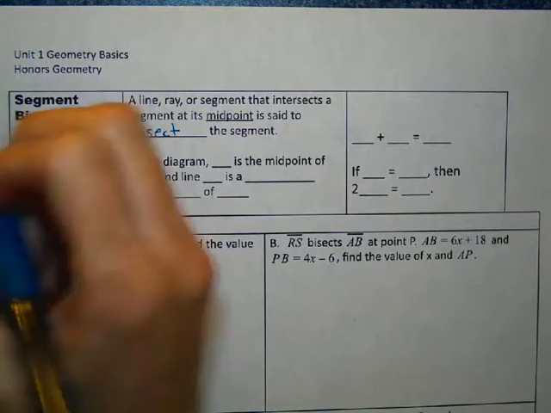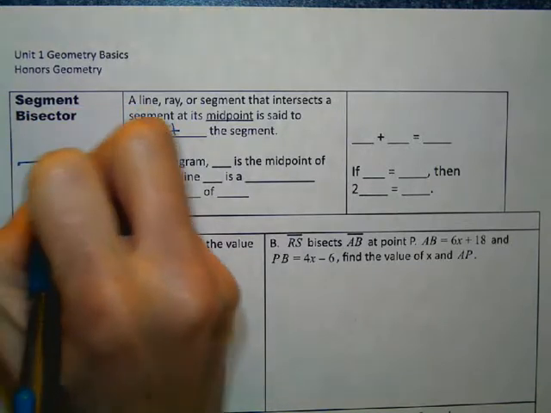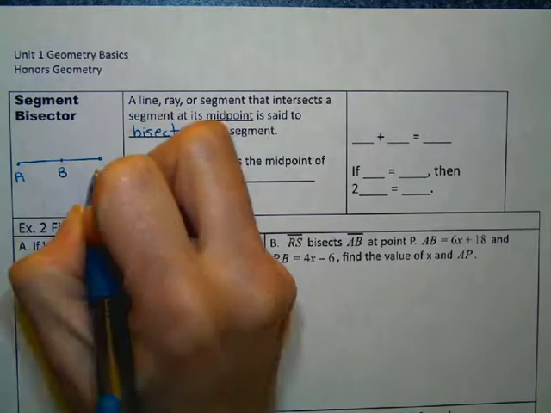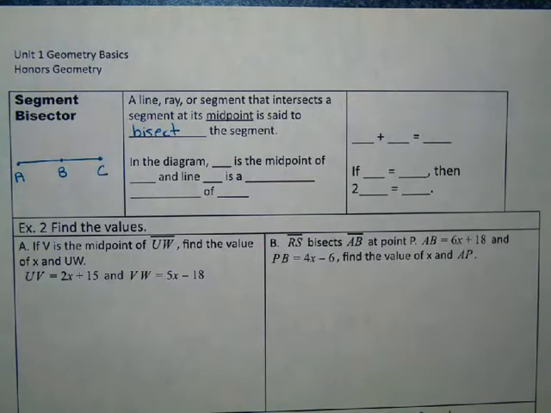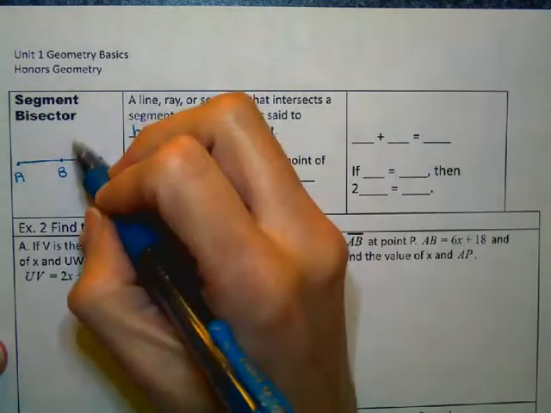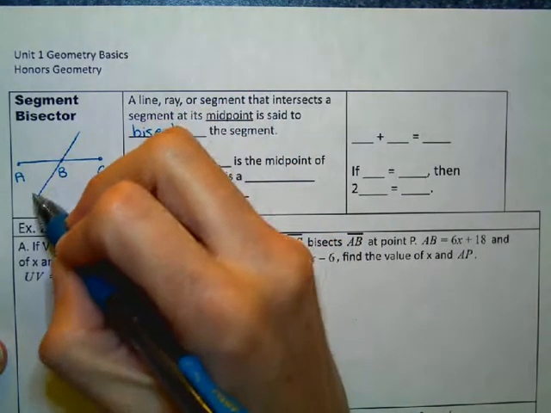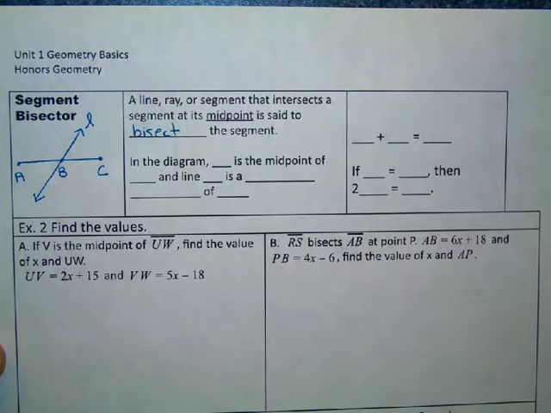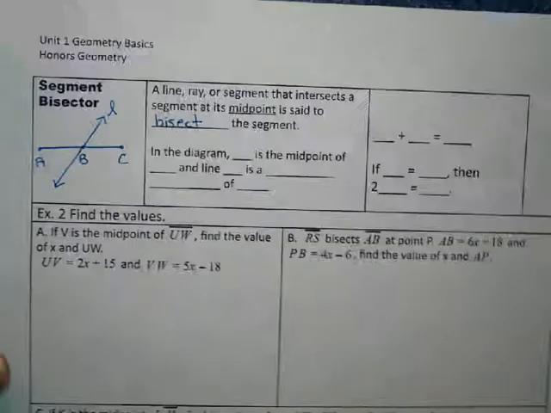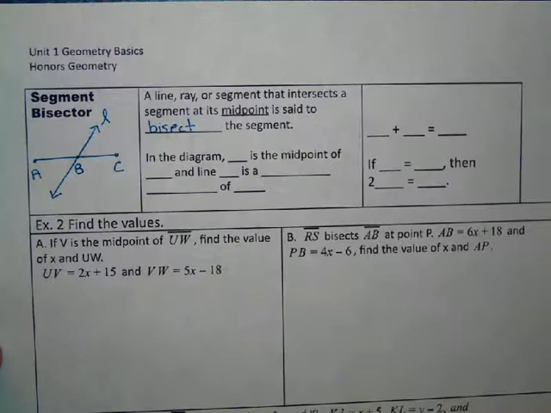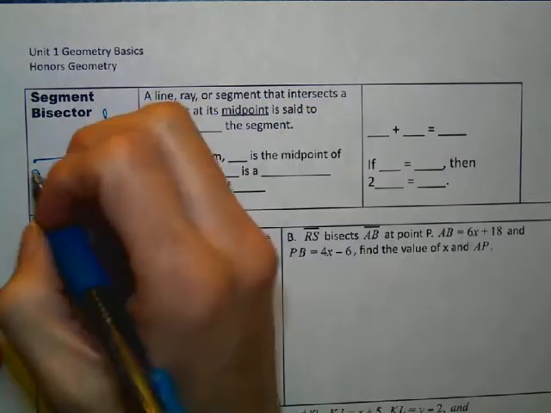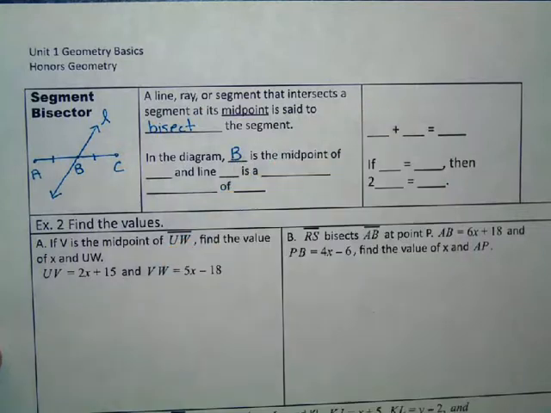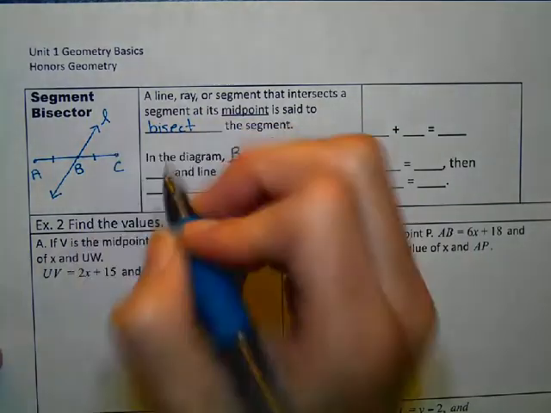So we're going to draw a diagram over here. Here's my segment ABC. In this diagram, I'm going to draw, we're going to call that line L. In this picture, what point do you think is the midpoint? If you look at this picture, I add these little signs: B is the midpoint of segment AC.